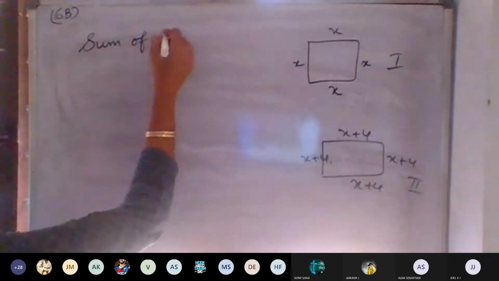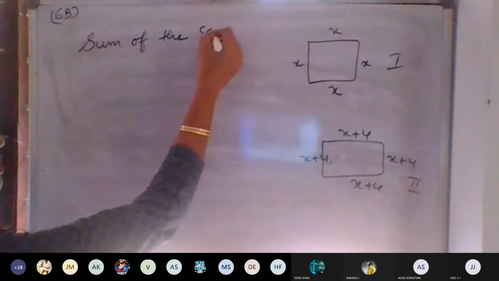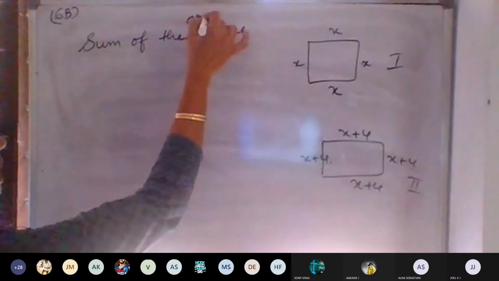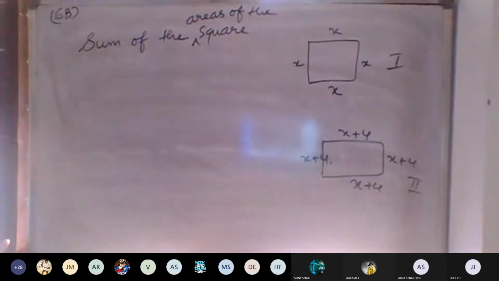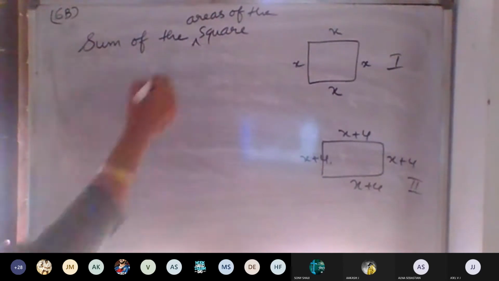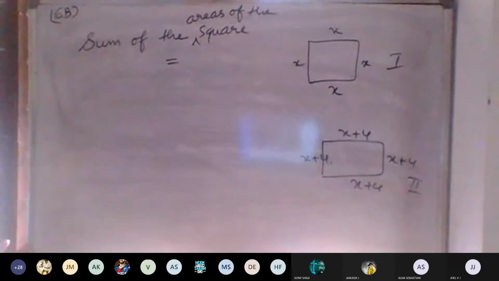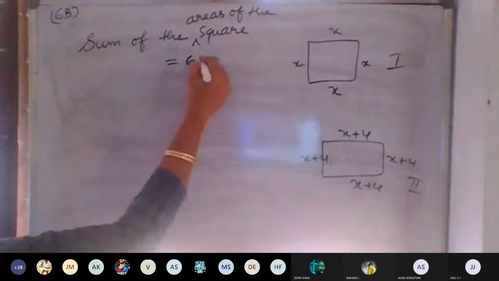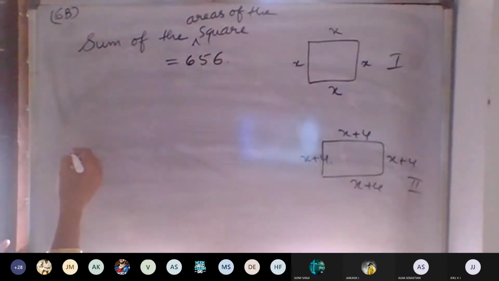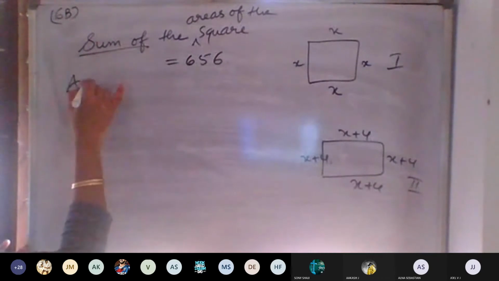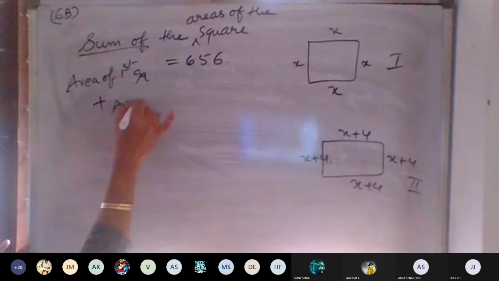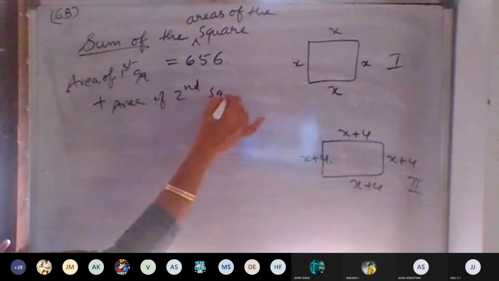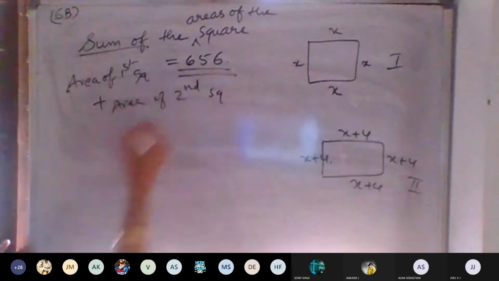The sum of the area of squares is given as what? 656. So how can we write an equation? Sum of area means area of first square plus area of second square. That is given as 656.